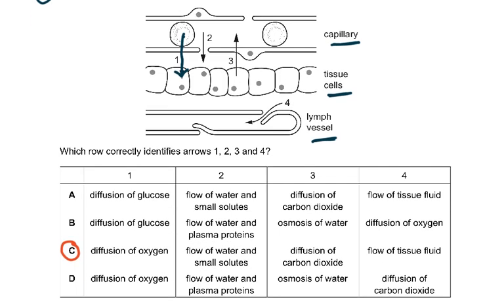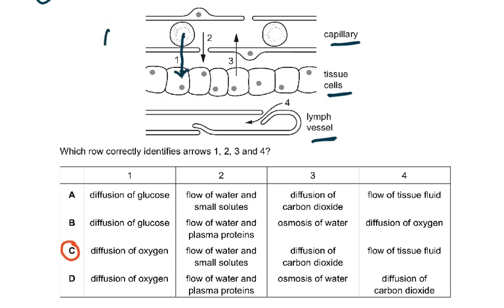So diffusion of oxygen. Then 2 was something coming out of these spaces in the endothelium, the pores in the endothelium of the capillary. And then 3 was something going in from the tissue cells. So that has to be carbon dioxide with the waste which was going back into the blood.